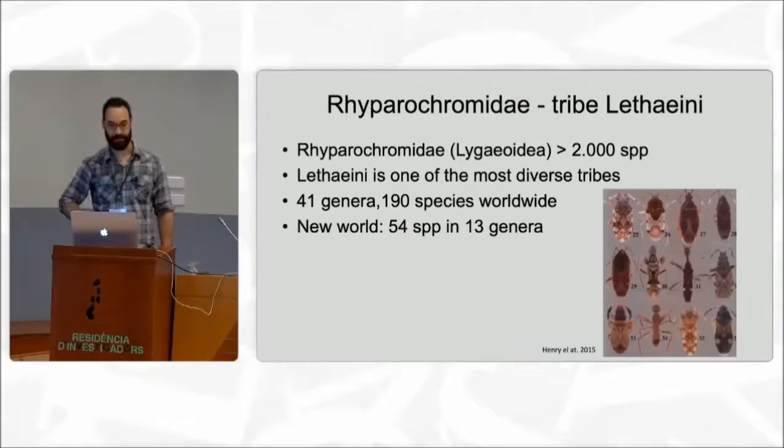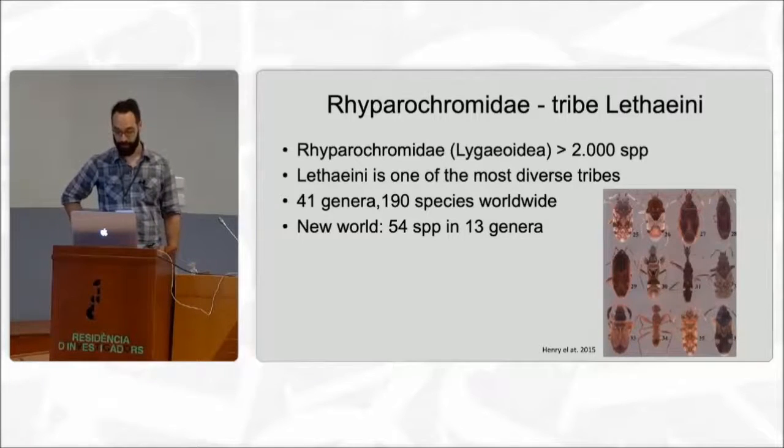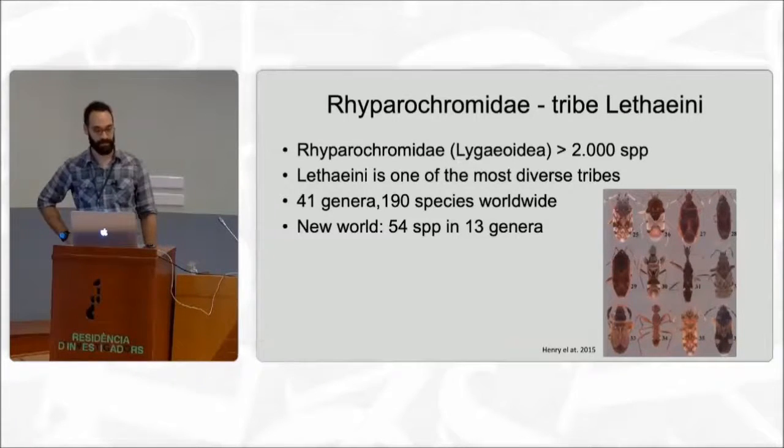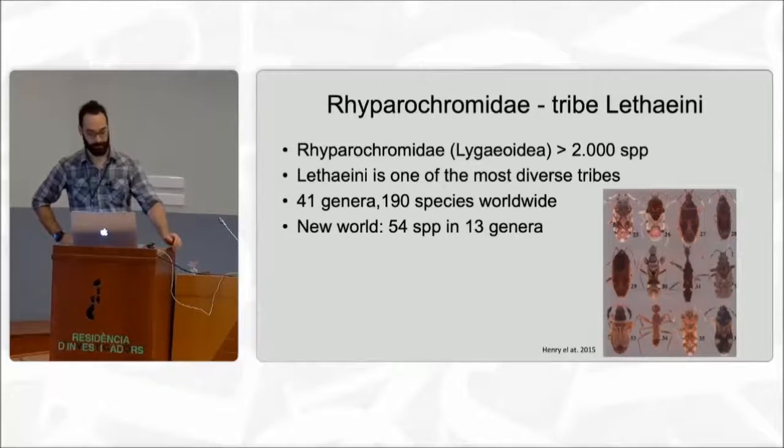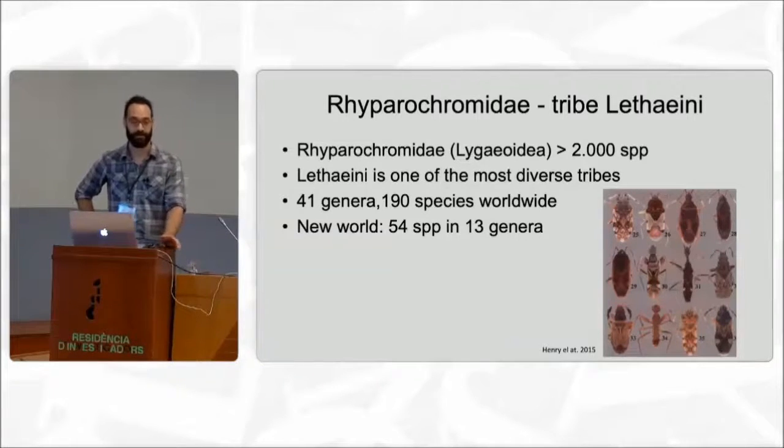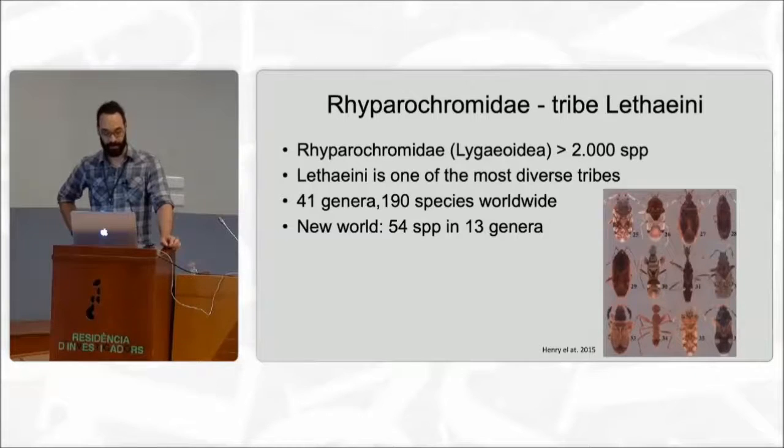Reporter chromids are within the superfamily Ligioidea. It has more than 2,000 species worldwide, and the tribe Lithiine that I'm working on right now is one of the most diverse tribes of this family.